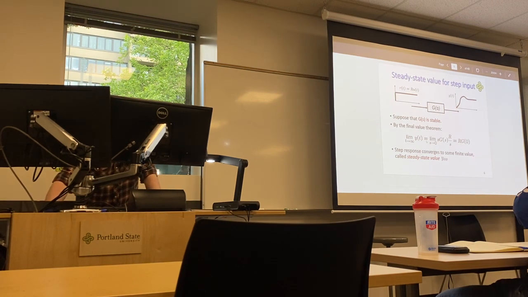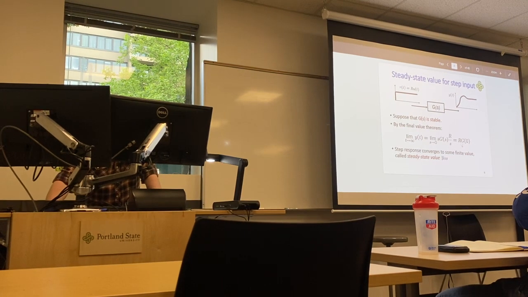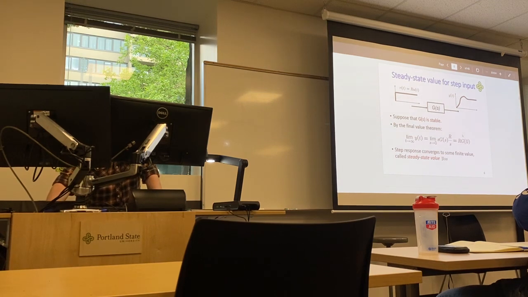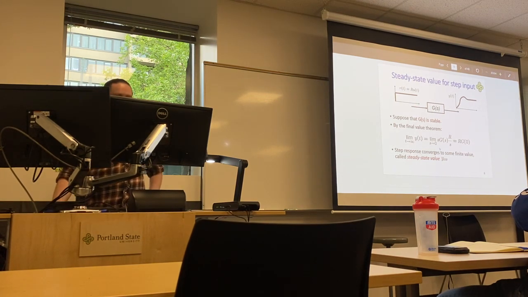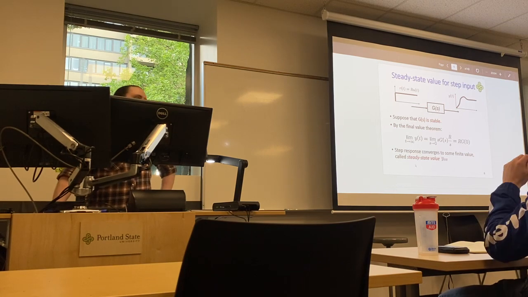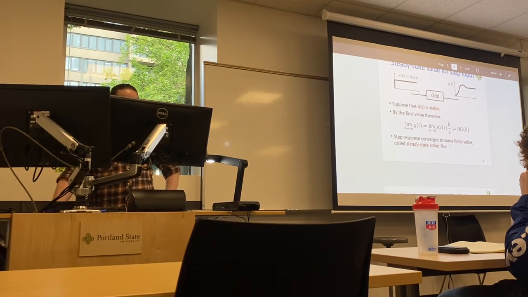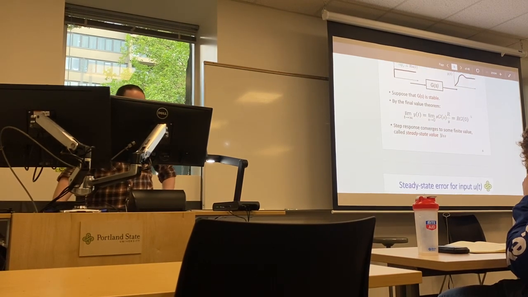Final value theorem, limit as s approaches 0, these s's cancel out, so we're just left with the amplitude of r times our system response at 0 frequency. So the step response converges to a finite value, which would be our steady state value, y steady state.